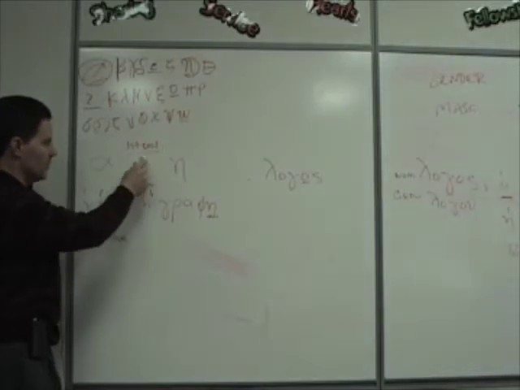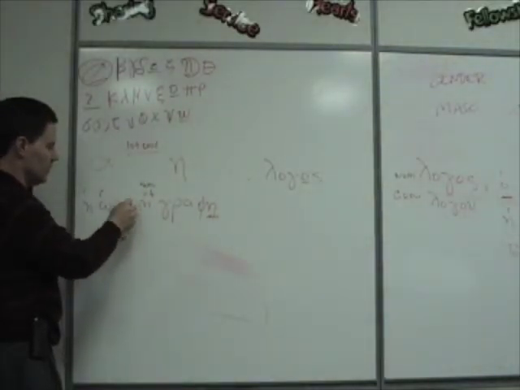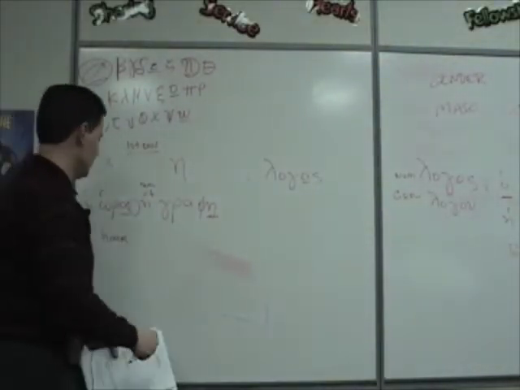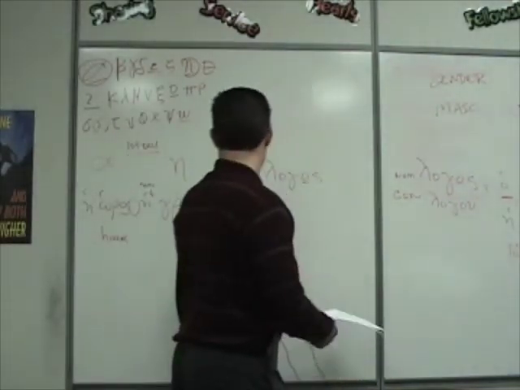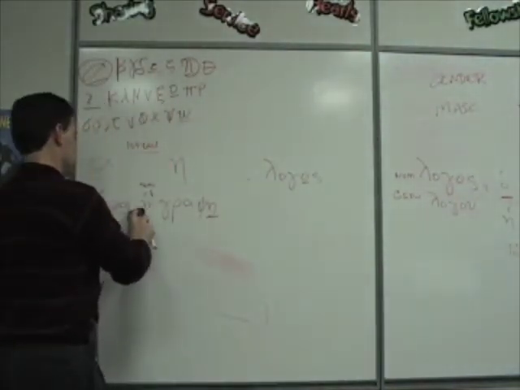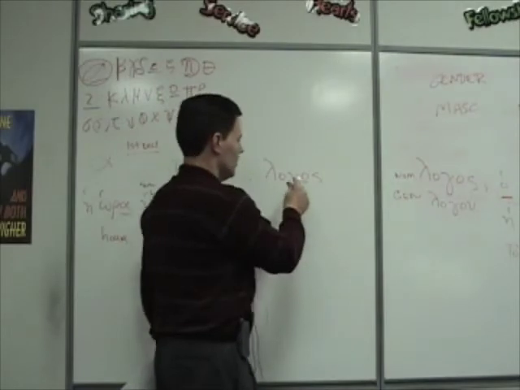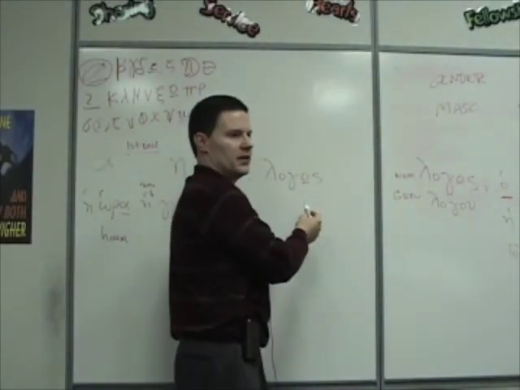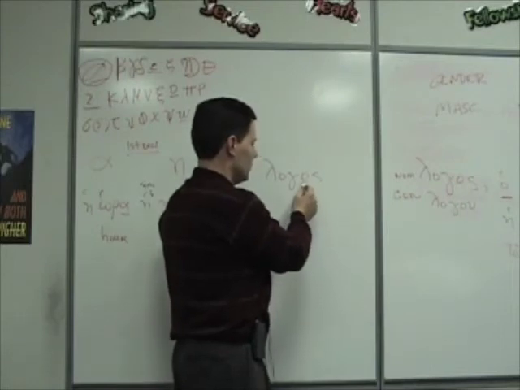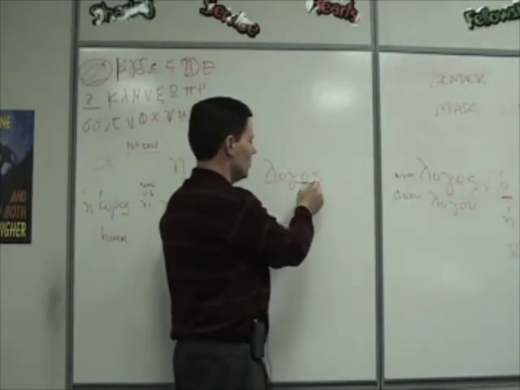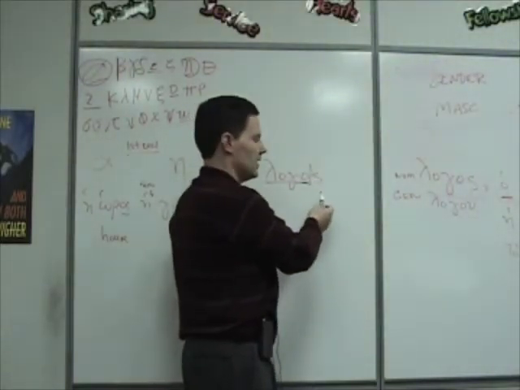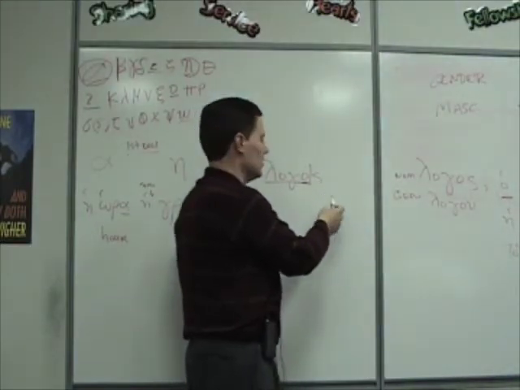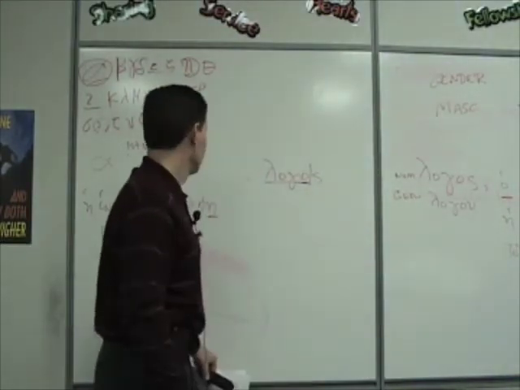And as you see in the first declension, it basically has no ending; it ends with the stem. In the second declension, ending in omicron, you've got the stem logo, which ends in an omicron, but then in the nominative, we add the sigma, so that's logos.